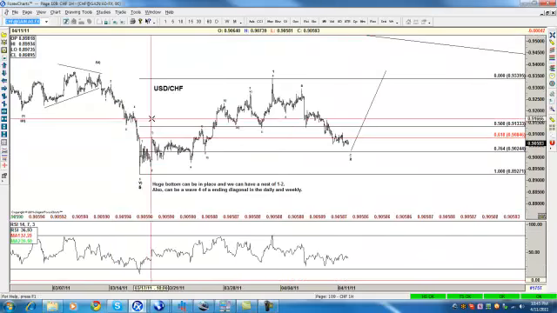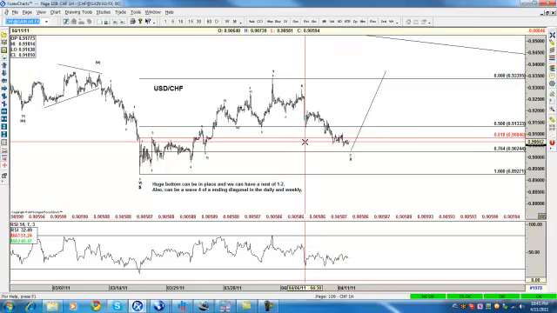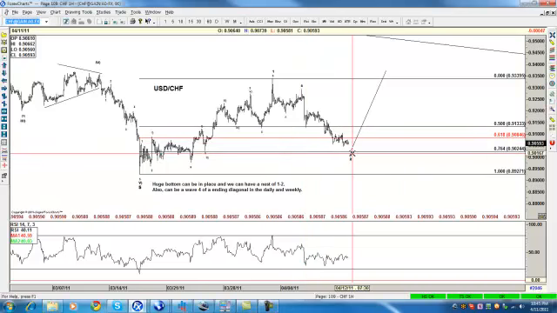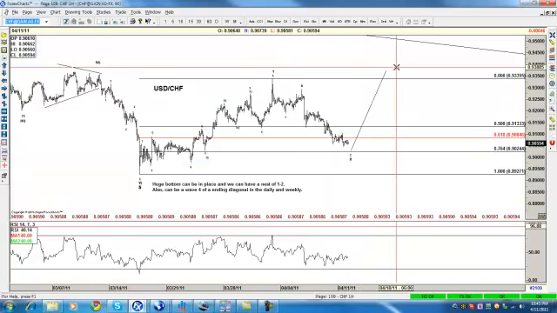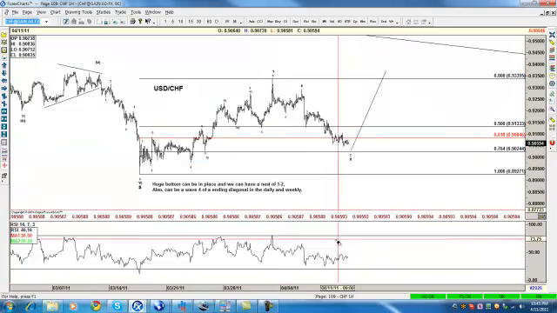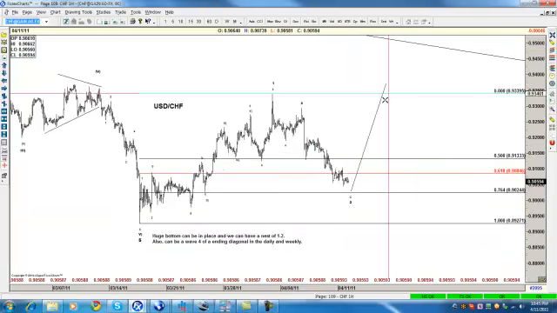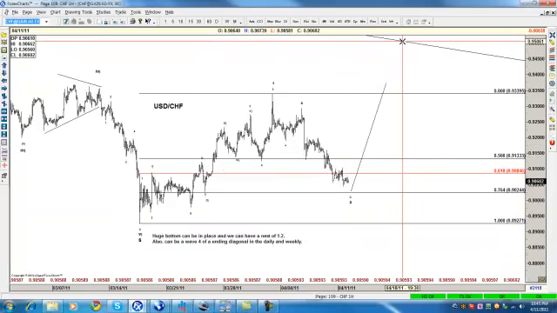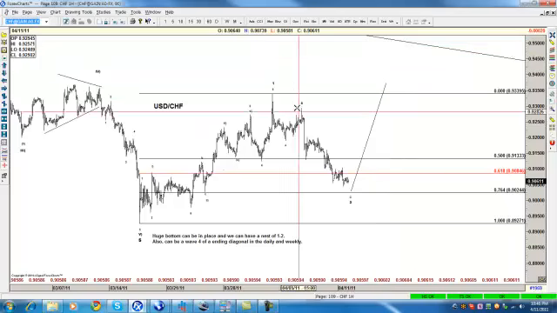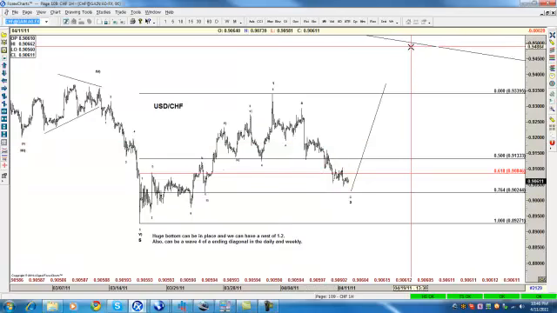These do not lie. Look, lowest high and lowest low. This is going to be reversed, and at minimum this pair is going to test around here, around the 95 area. Either way, I believe that Elliott Wave is taking this pair higher.